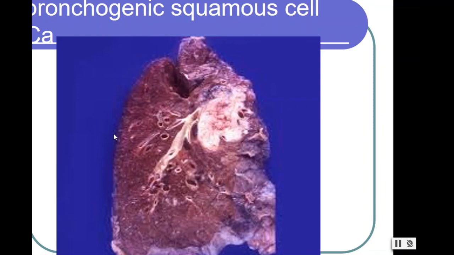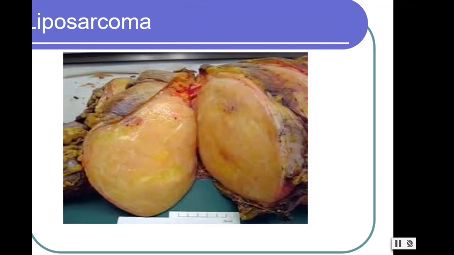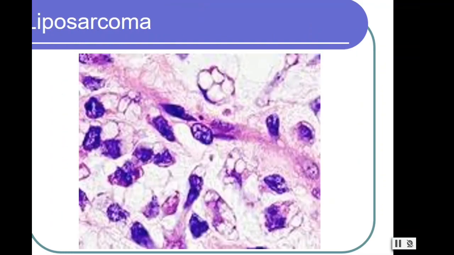The appearance of a bronchogenic squamous cell carcinoma, just to show you. Okay, ito yung appearance niya. Hindi mo na siya ma-differentiate sa normal na epithelium ng bronchi. Okay, ito yung liposarcoma that I showed you earlier, showing the difference from an adipose or lipoma, no, lipoma and liposarcoma.